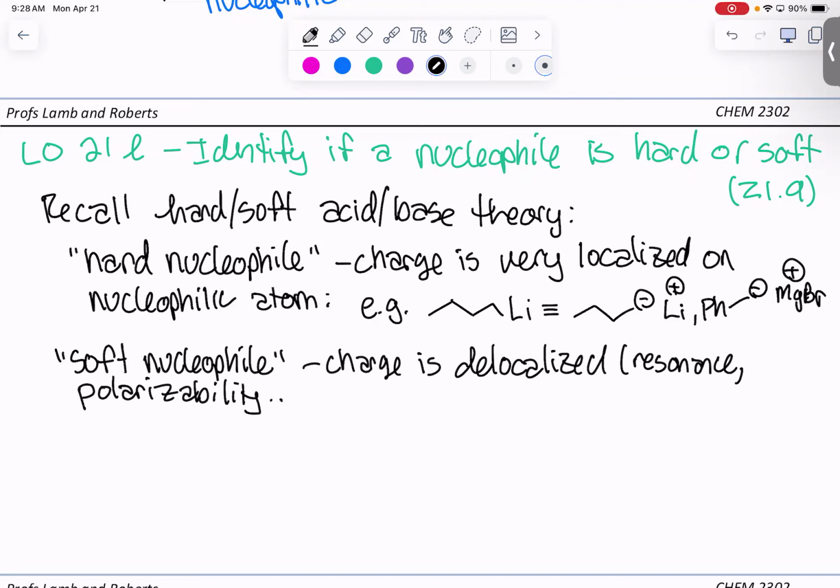Polarizability is the ability to polarize where the electron cloud is in a nucleophile, all right? So for example, something like this thiolate, which is negatively charged.